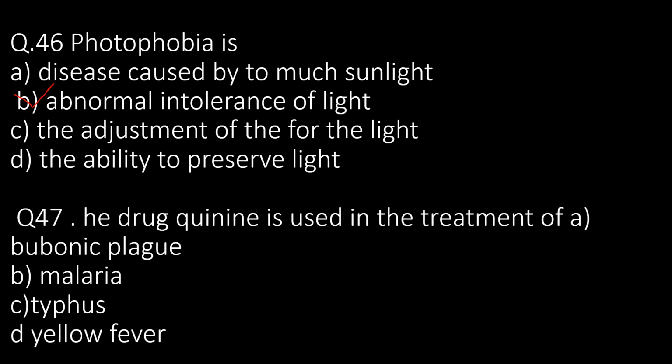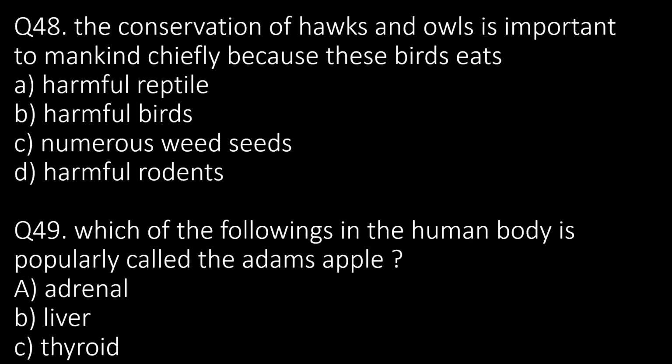Our next question is, the drug quinine is used in the treatment of, and the right answer is option B, malaria. The conservation of hawks and owls is important to mankind chiefly because these birds eat, and the right answer is option D, harmful rodents.